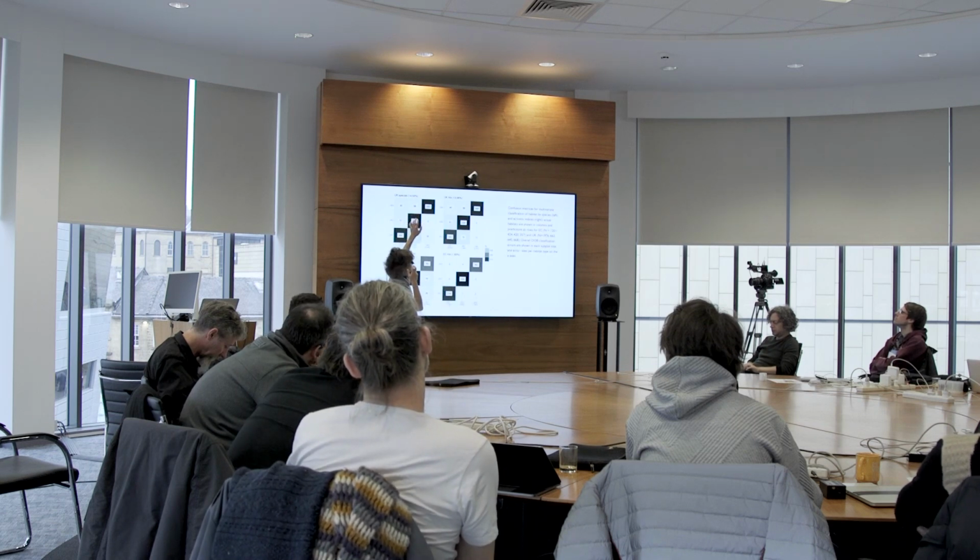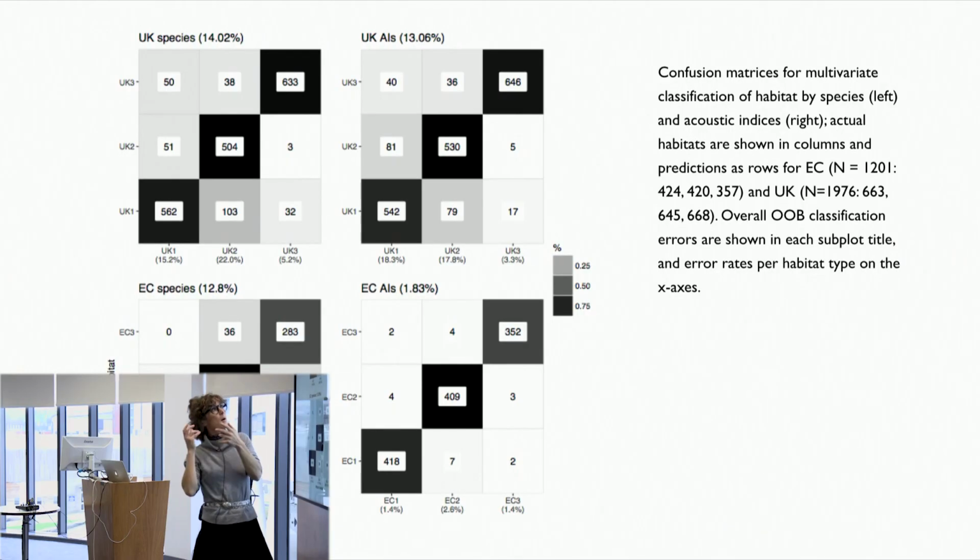Listen to them all, name the species, run up a bunch of acoustic indices, audio features, and then see how well they predict each of the habitats. So we recorded in old primary forest in Ecuador, secondary forest, so sort of regrowth, and then palm oil plantation, and the same in the UK.